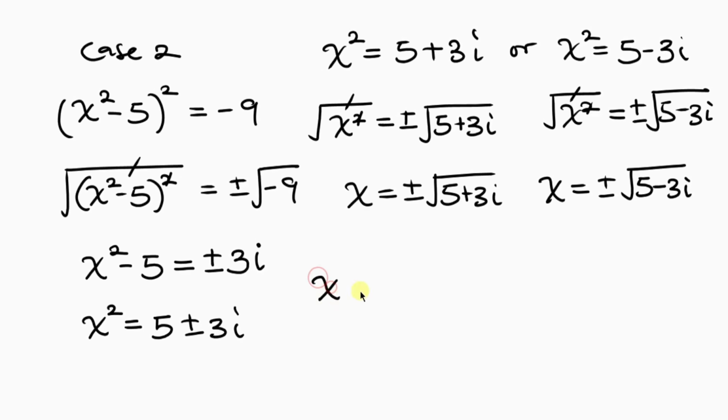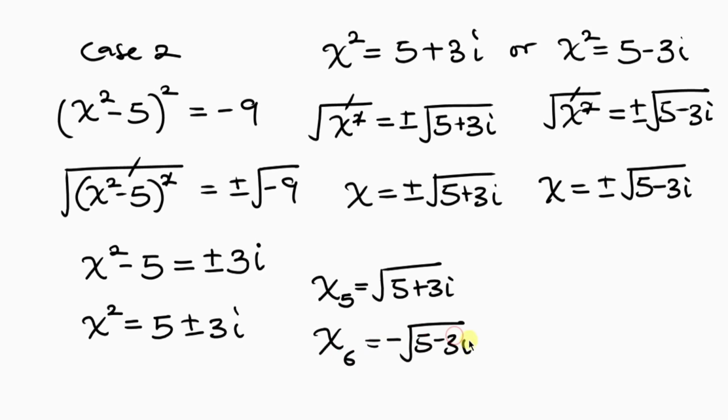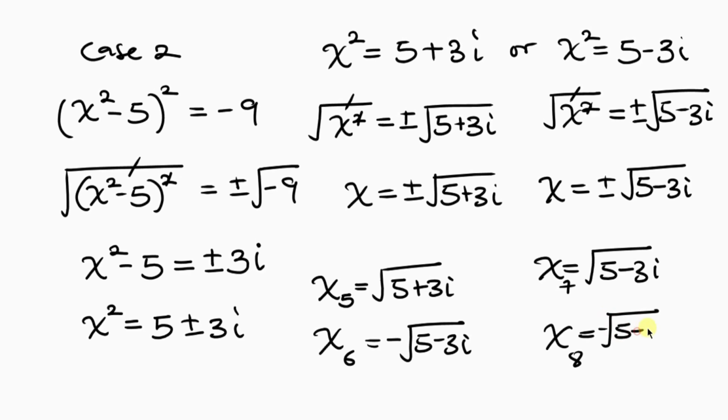Remember we've got 4 before, so this will be the 5th, equal to positive √(5 + 3i). Then the 6th value of x will be negative √(5 + 3i). Now from here we have x to be positive, this will be the 7th value of x, positive √(5 − 3i). Then the 8th value of x is negative √(5 − 3i).